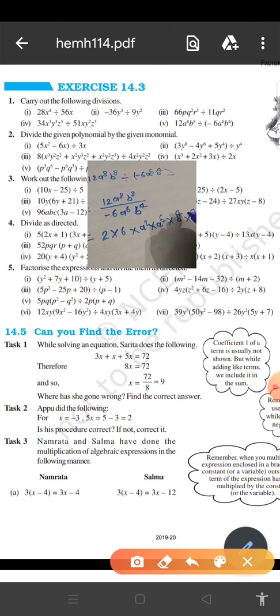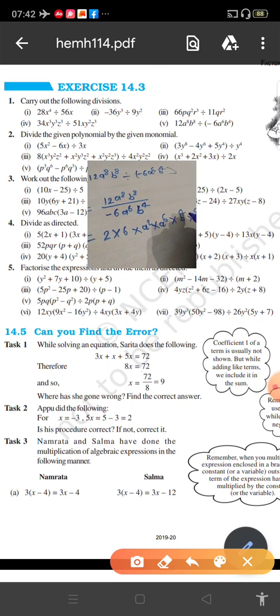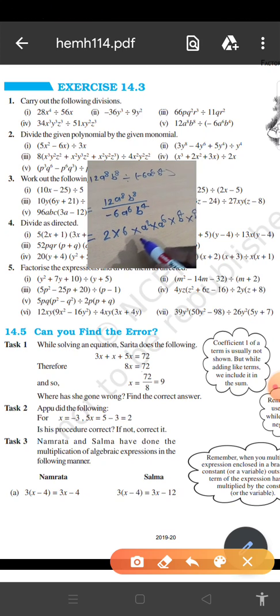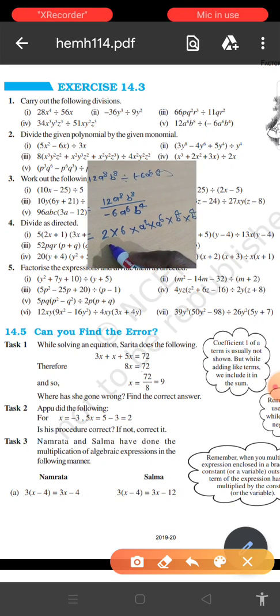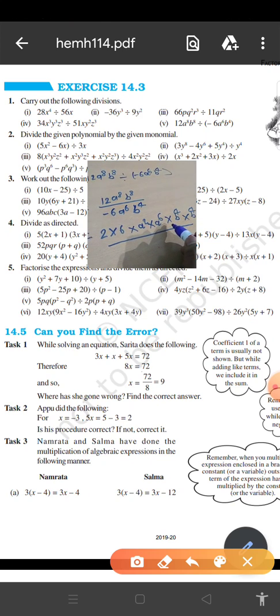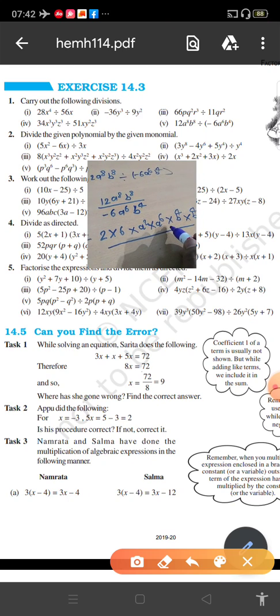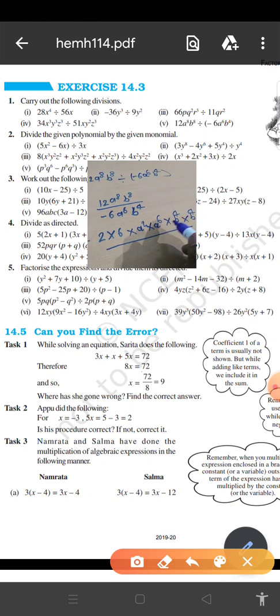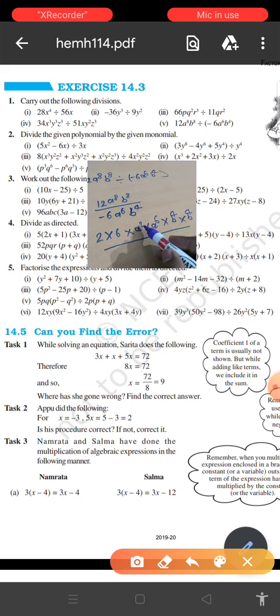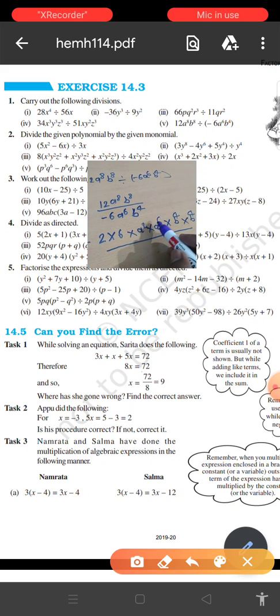Student, I hope all of you have studied in previous classes the law of exponents, exponent and power. In this chapter we know a power m into a power n: if the bases are the same, the powers are added. So here also we break it as a power 2 and a power 6, both bases are the same, so the power will be 2 plus 6, which is 8.